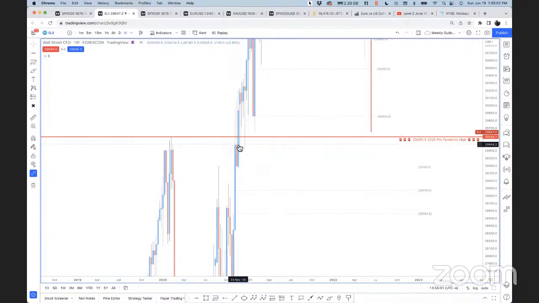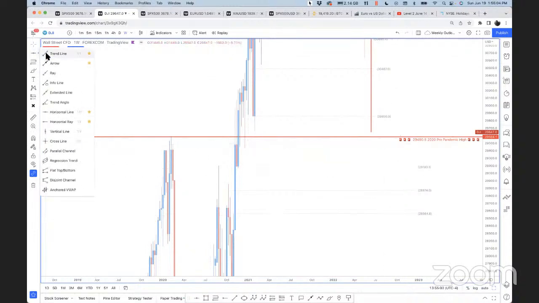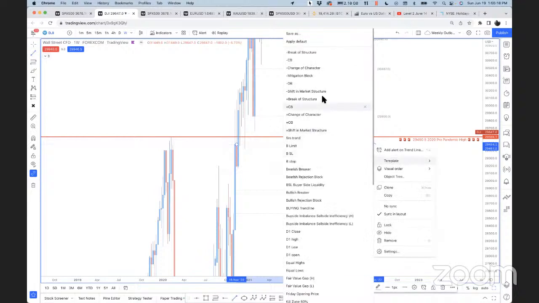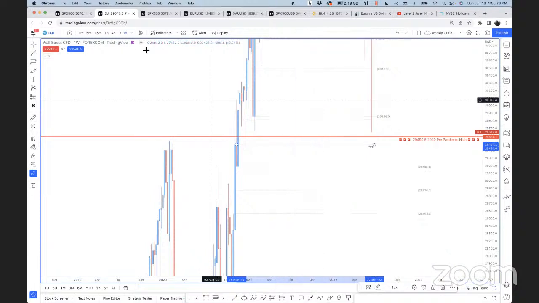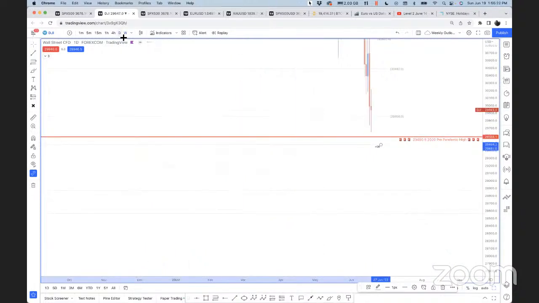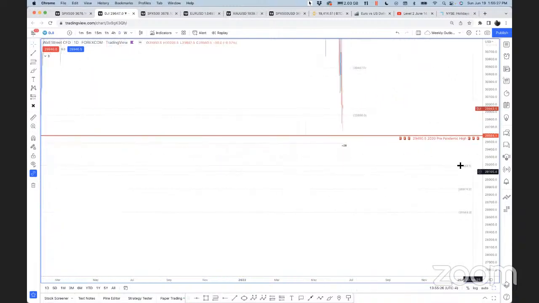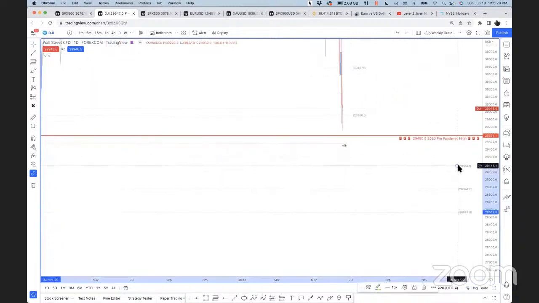The order block that's right here, or our levels of imbalance that's right here.